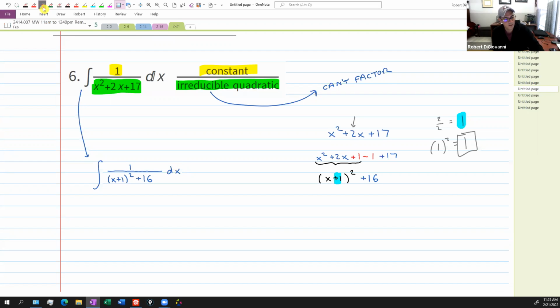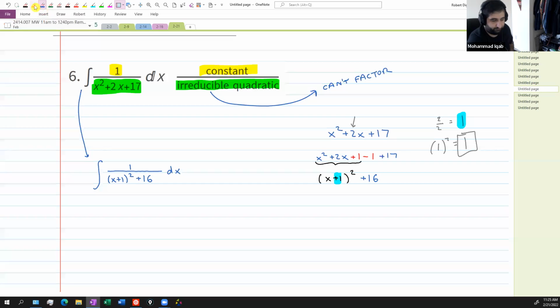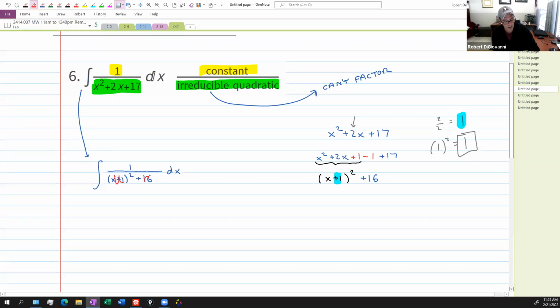Do y'all see that? If you squint your eyes appropriately, this is like u squared. U squared, exactly. This is like u squared plus a squared. That's what we have here. The important thing to understand is that your u, this right here, if that was u, the derivative of it is just 1 dx.